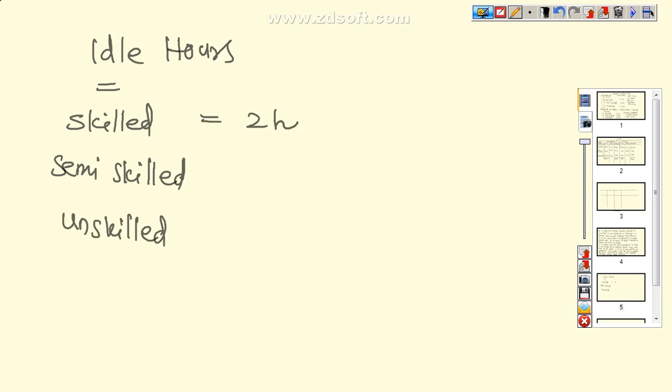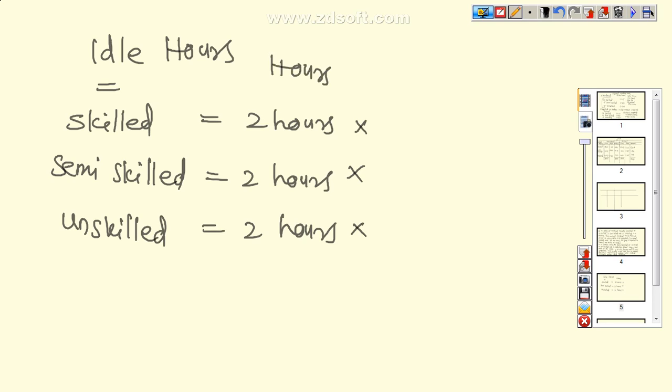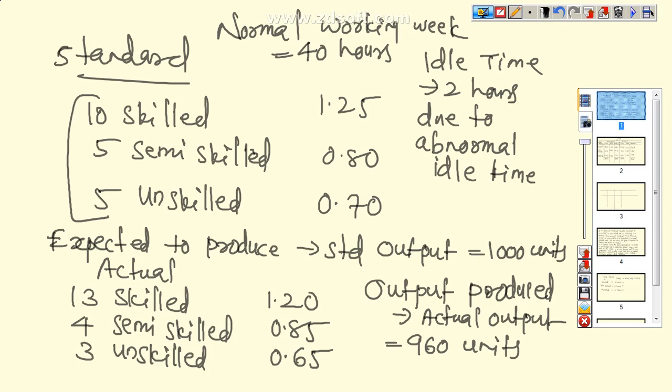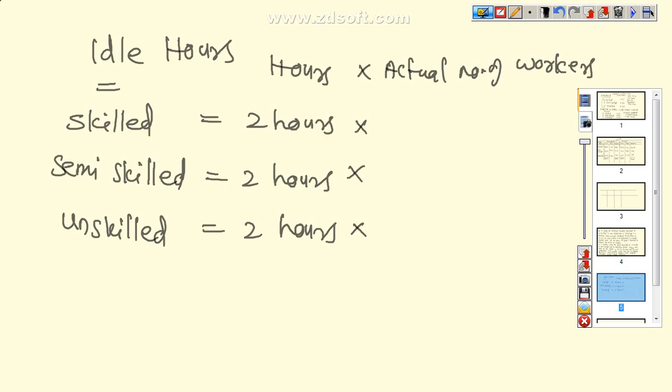So 2 hours idle time multiplied by the actual number of workers 13, 4 and 3 is equal to 26, 8 and 6. So total idle hours is 40 hours.